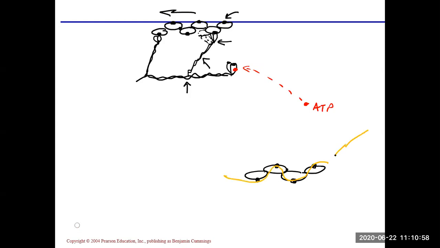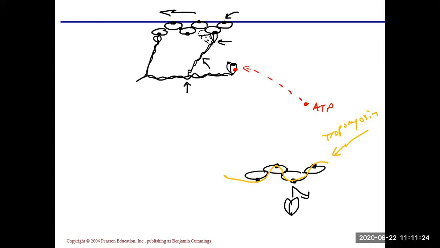Here is the tropomyosin that is blocking the active site. So if I have the myosin head, it cannot bind in here because it's blocked. Earlier, I used an analogy: you put a piece of tape in front of your lock, now your key cannot go in there.